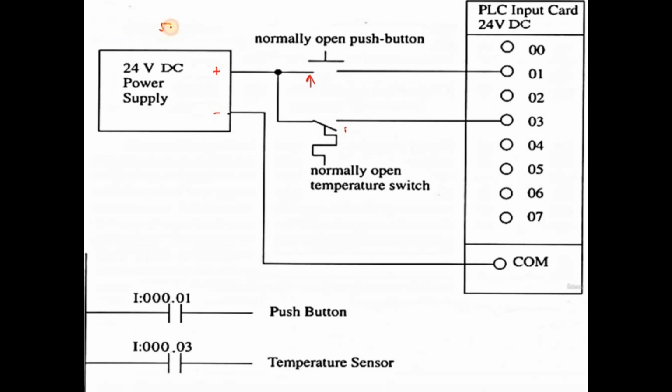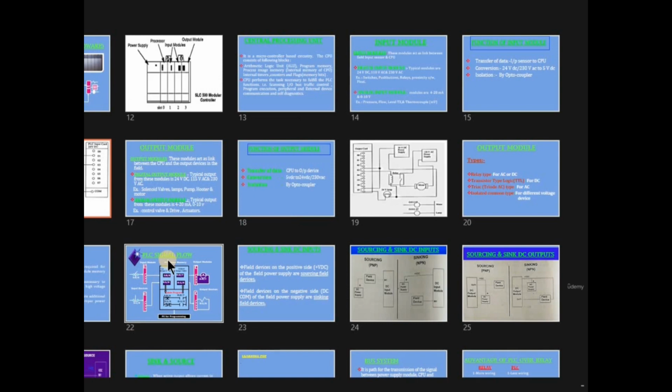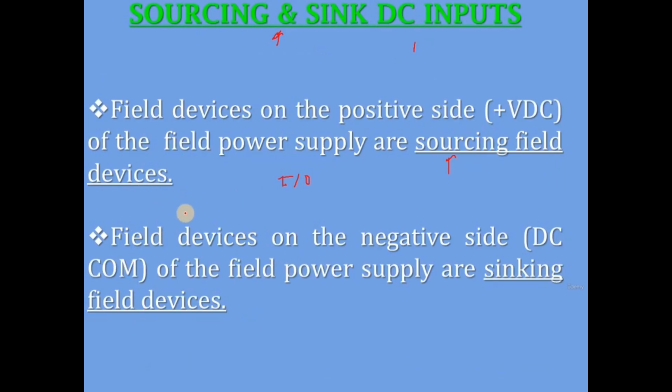This is the source type field input connection. Okay. And if you want to connect this input in the sink type, simply we just need to connect our field device on the negative side of the field power supply. Right? Here you can see the negative side, that is nothing but the DC common.